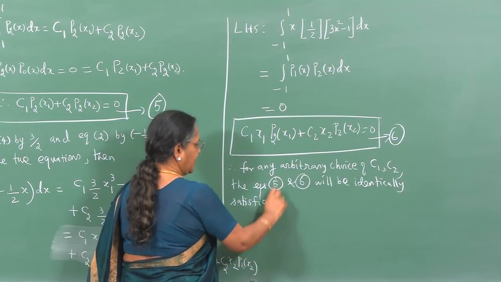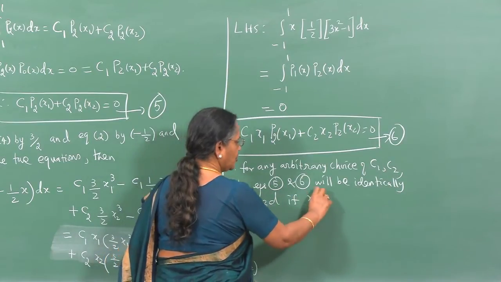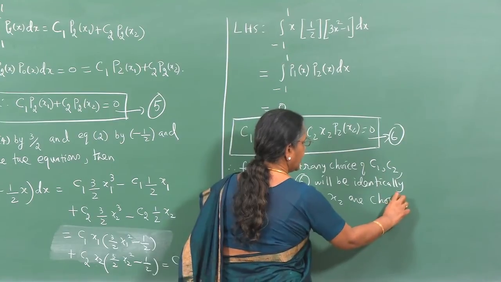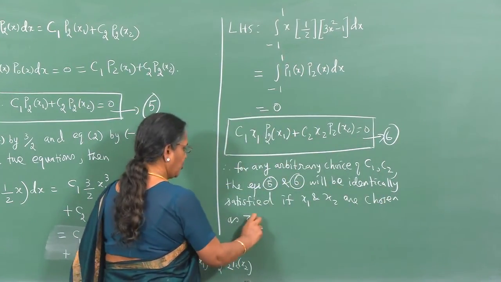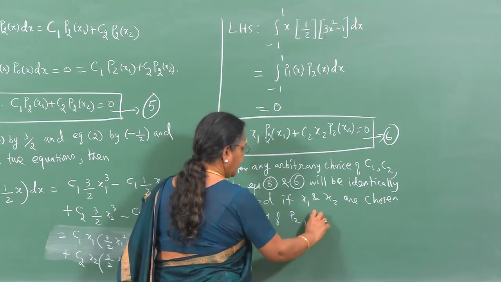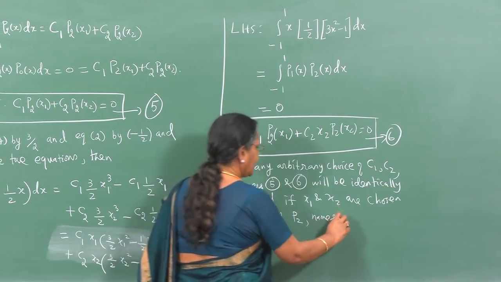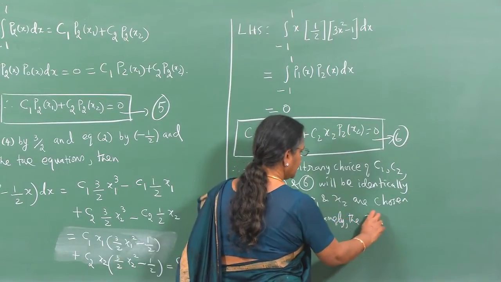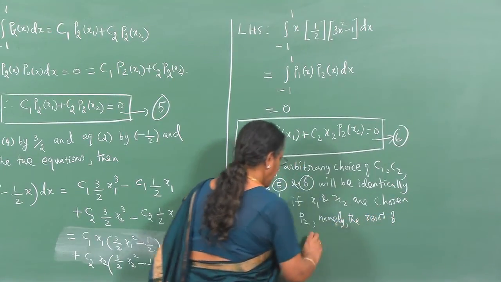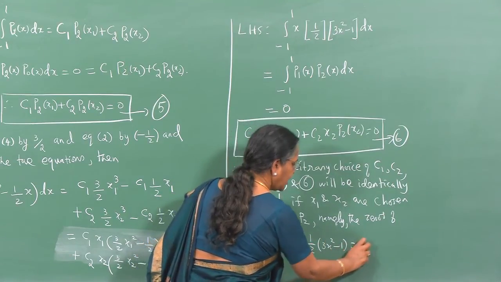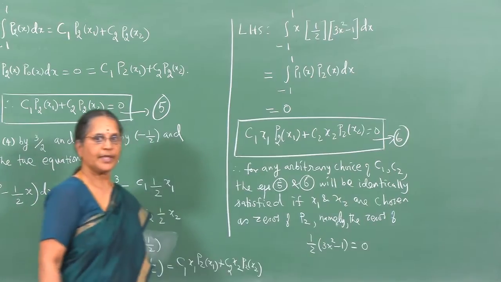So, equations 5 and 6 will be identically satisfied if x1 and x2 are chosen as zeros of P2, namely the zeros of half of 3x square minus 1 equal to 0.